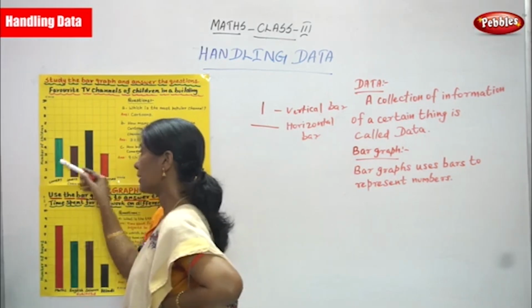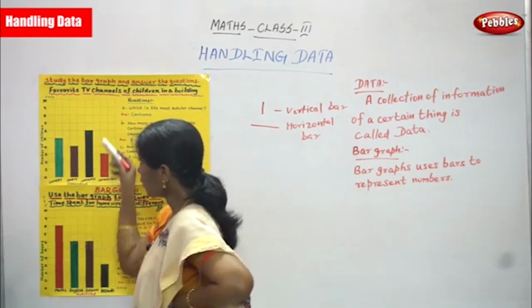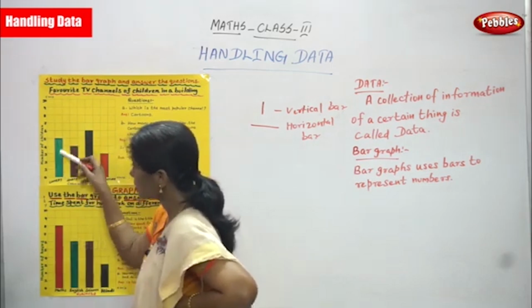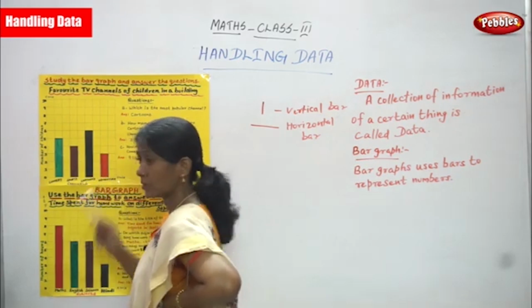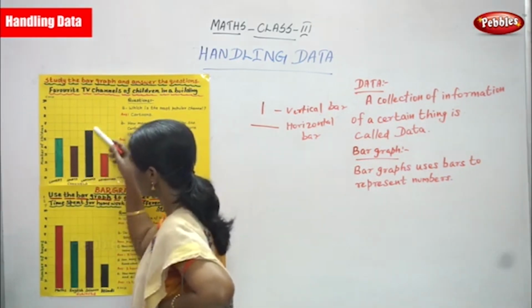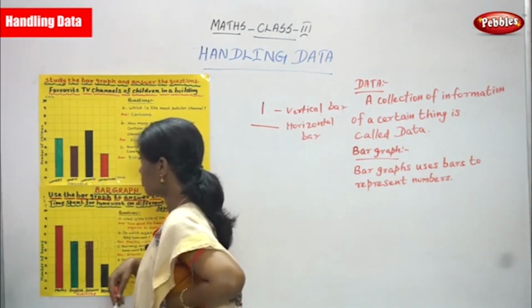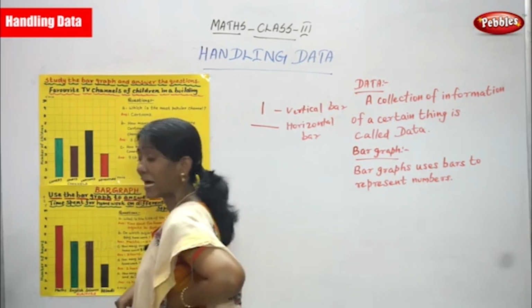So according to the bar graph, only 5 children like the comedy channel, only 4 children like the sports channel, only 6 children like the cartoon channel, and only 3 children like the adventure channel.